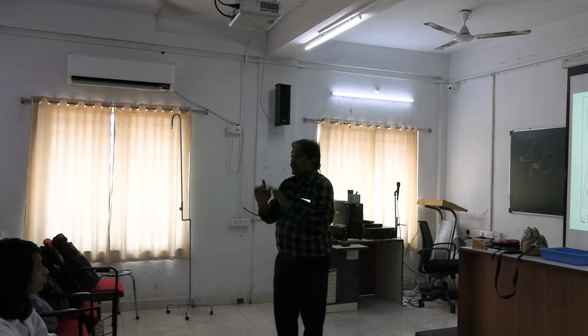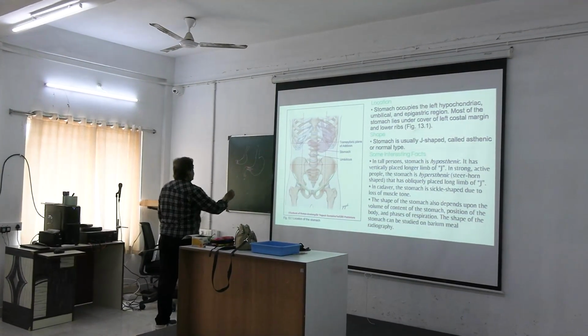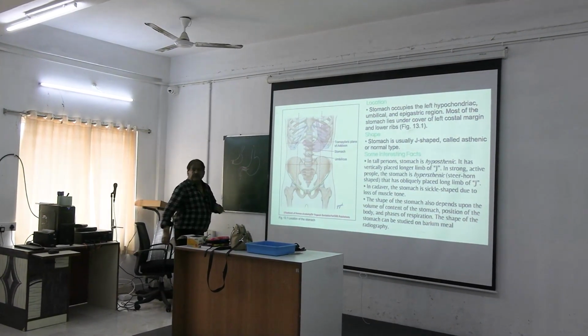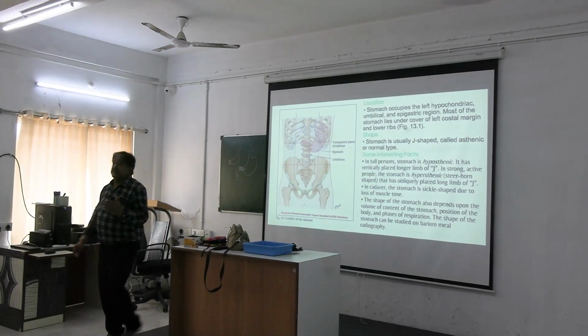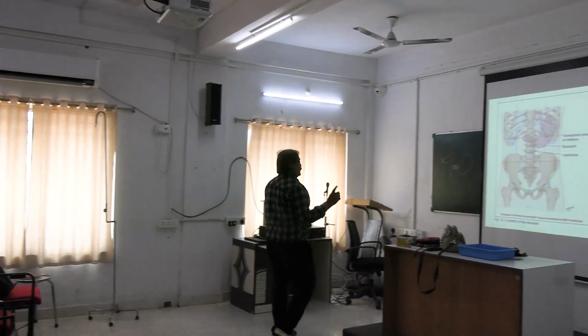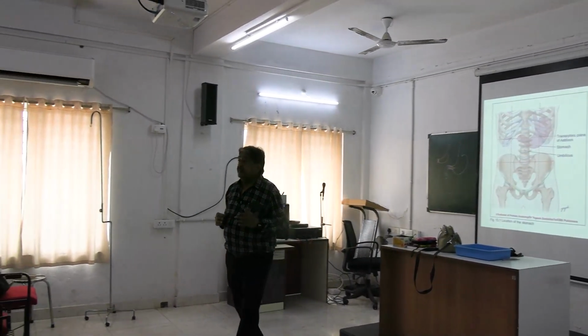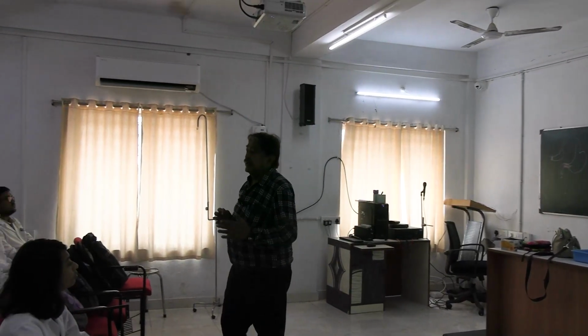This is one. But if there is a growth in this part, there are numerous types of operations on the stomach, jejunum and duodenum. Now, if a patient is old, you cannot do major surgery.